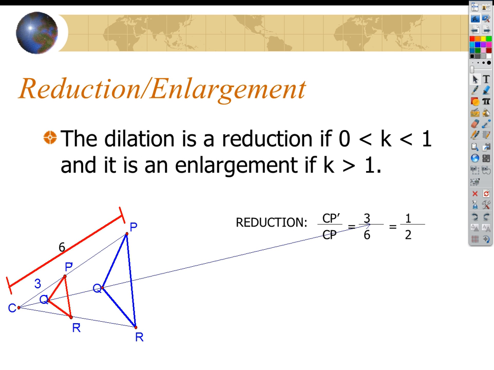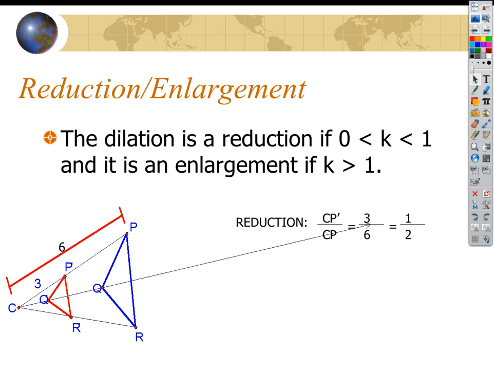If we're starting blue and ending red, is that enlargement or reduction? Reduction, right? So then C to P prime, the image, not the pre-image, but where I finally end up, is 3. C to where P starts is 6. And so the ratio would have to be 3/6.